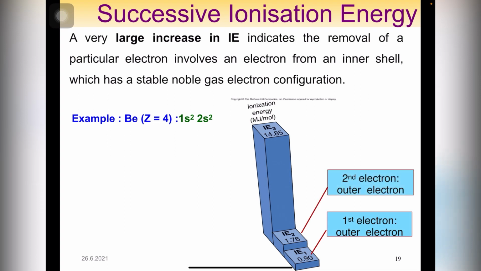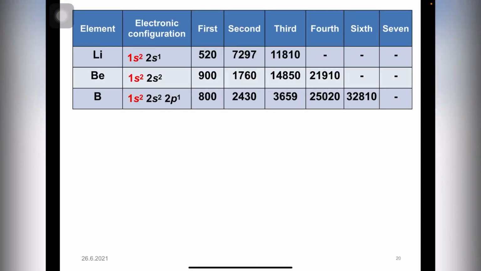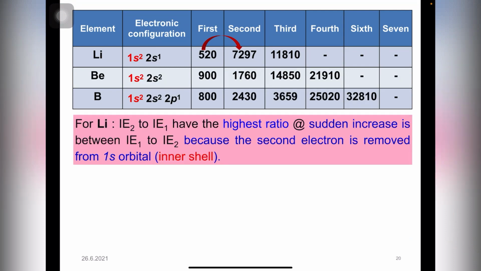So it shows that the first electron is the outer electron, same for the second electron. So the third electron is the inner electron.